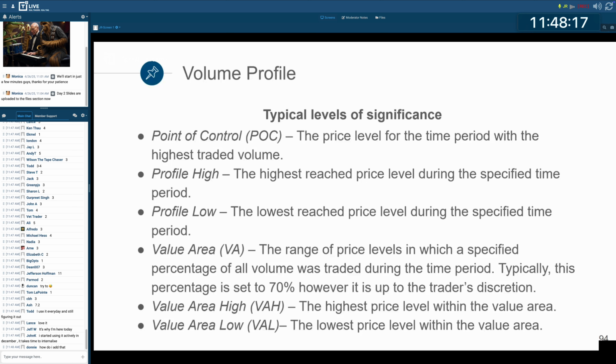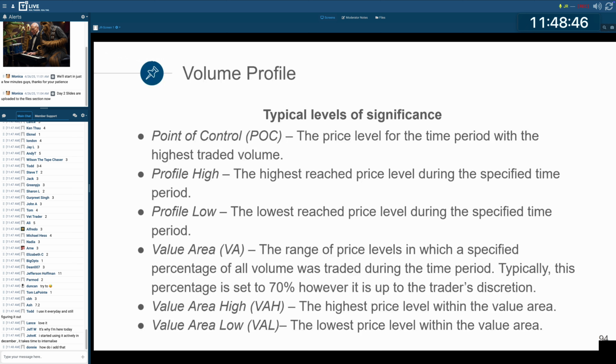This is your highest transacted volume. In D-shaped profiles, that's usually the center of the Gaussian distribution curve, the center of the capital D. And in P-shaped profiles, it'll be at the top of the P, top of the flag, lowercase b, etc. So I think it's pretty self-explanatory.